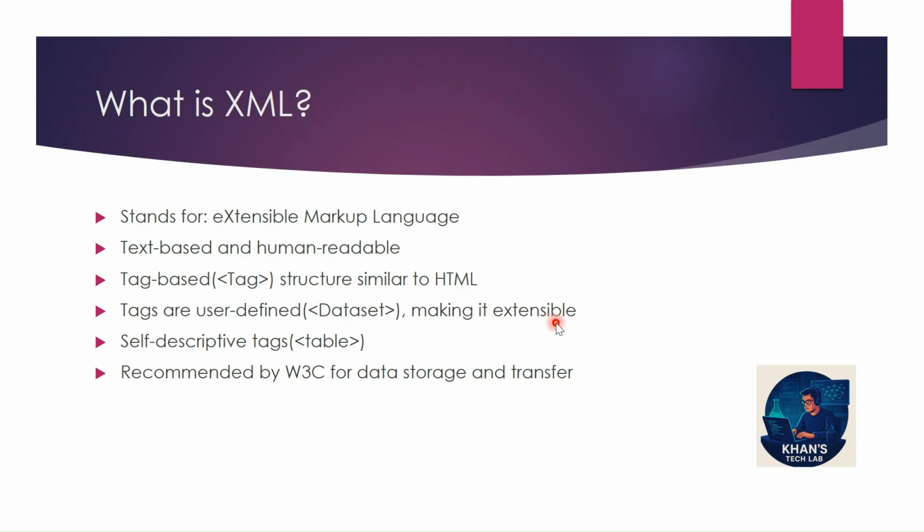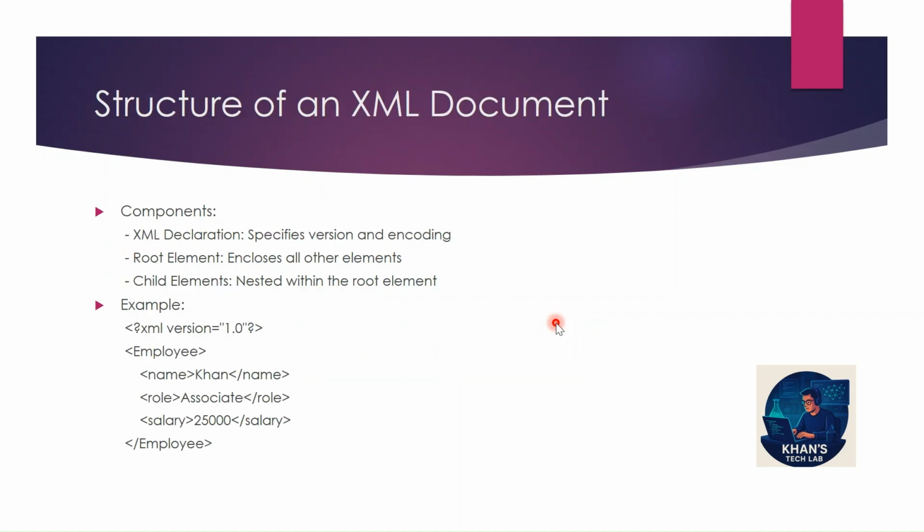So again, the tag names can be self-descriptive. The user can write his tag as per his descriptive meaning. So this way it is a self-descriptive tag. Finally, it is recommended by the World Wide Web Consortium for data storage and transfer. We had learned a few things about data storage and transfer using XML in the previous session as well.